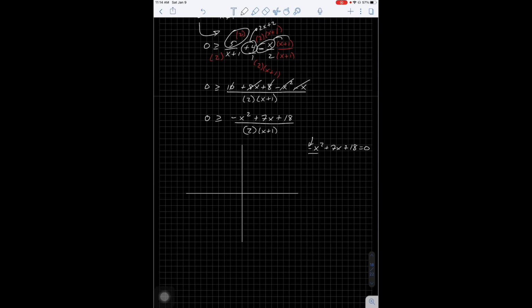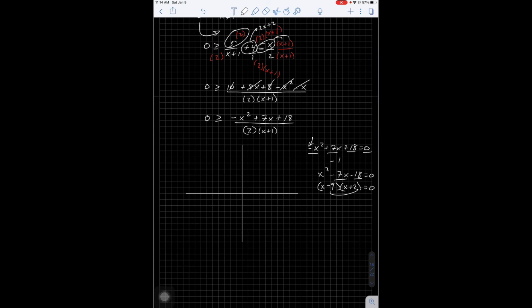So I'm going to divide everything by a negative 1, which changes all my signs. You do not have to do that, but I like doing that so it helps me look at it clearly. So I'm going to go, x minus 9, x plus 2. That's going to multiply to give me negative 18 and add to give me negative 7.